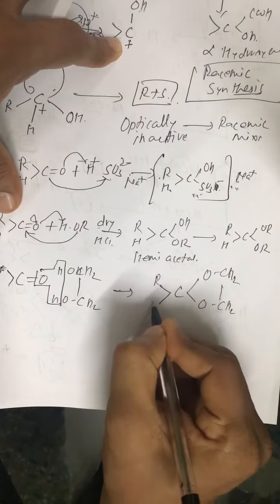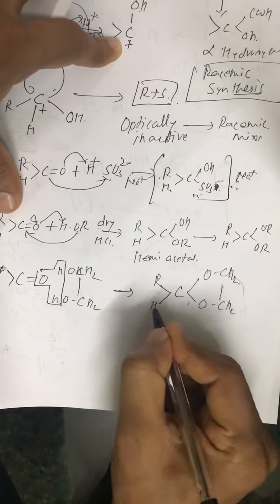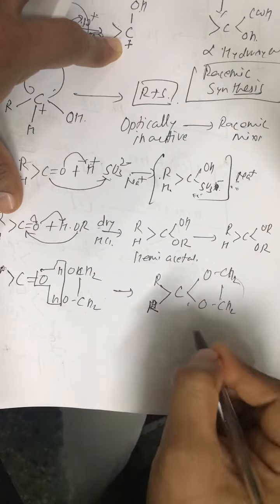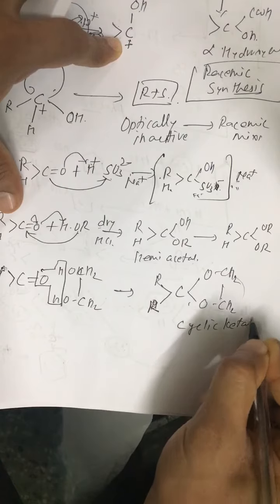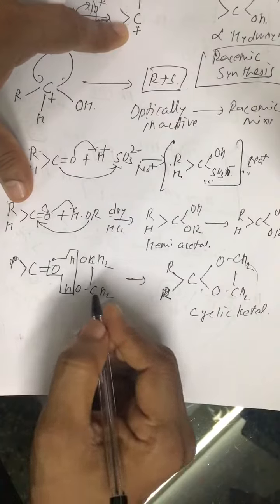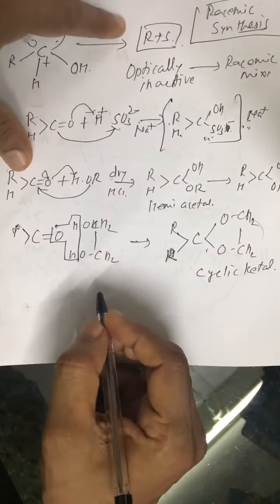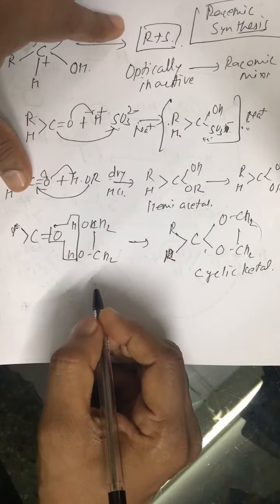If it is RH, this is a cyclic acetal, and if it is RCO, this is a cyclic ketal. So with glycol we get cyclic acetal as well as cyclic ketal.